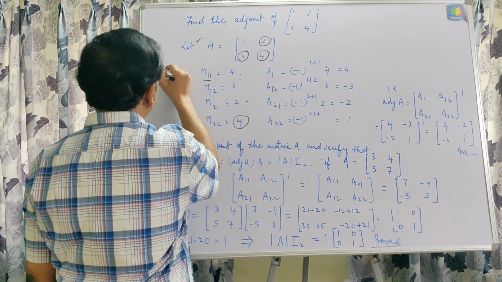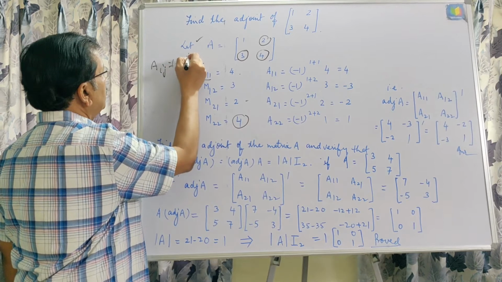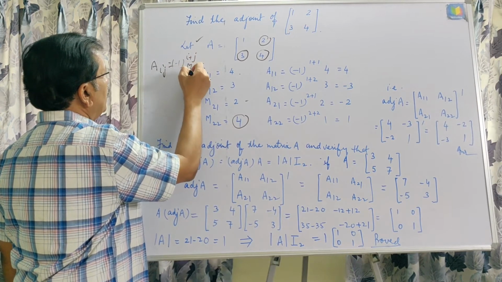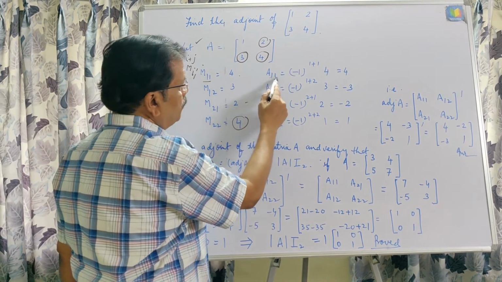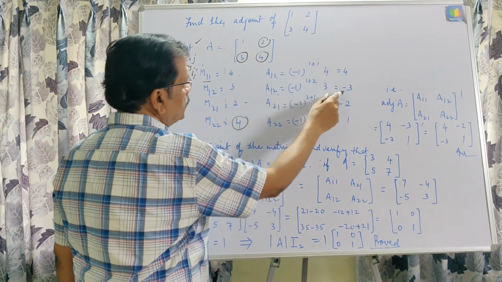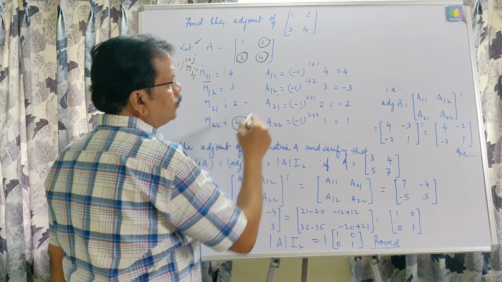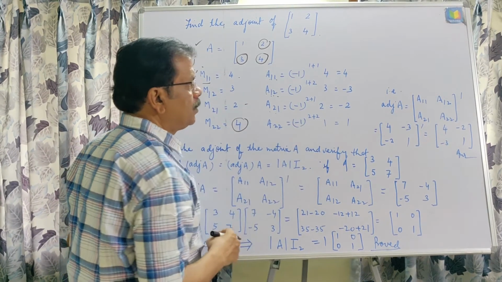And we know that cofactors are Aij equal to minus 1 to the power i plus j times Mij. Okay, and that is minus 1 to the power 1 plus 1 times this value; minus 1 to the power 1 plus 2, this will be negative; minus 1 to the power 2 plus 1, this will be negative; and 2 plus 2, that is positive.